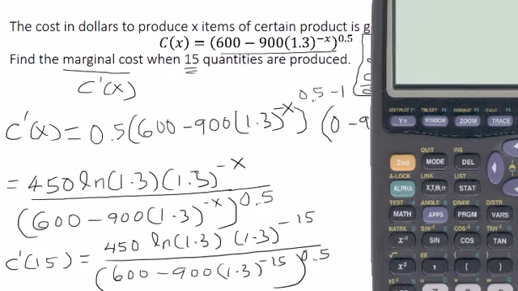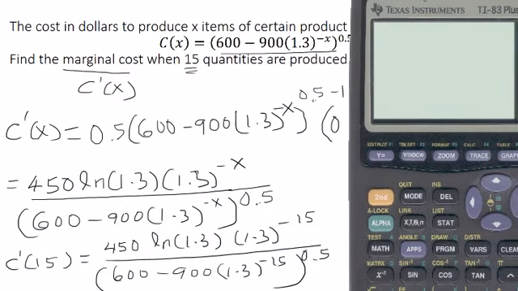Okay, so here I have my calculator. Let's see if I can enter these expressions correctly. We're going to do the numerator and the denominator separately, just to avoid errors, and then eventually divide the top by the bottom.